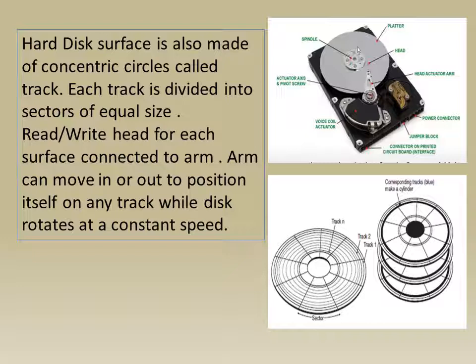But the disk, the platters, is continuously moving around the spindle. When a particular track or sector comes under the read-write head, where you want to read the data from a particular file, you can read the data. If you want to write data, when that disk is moving and that particular file comes under the read-write head, at that time you can write the data.